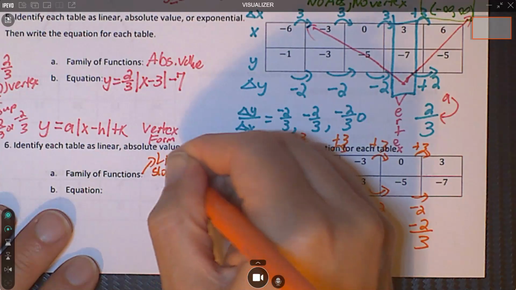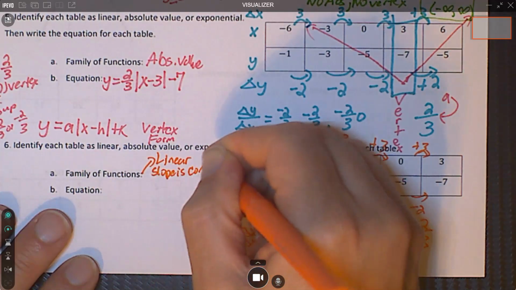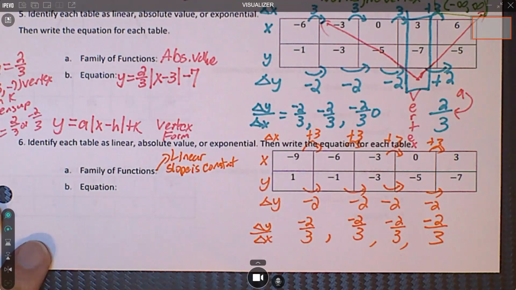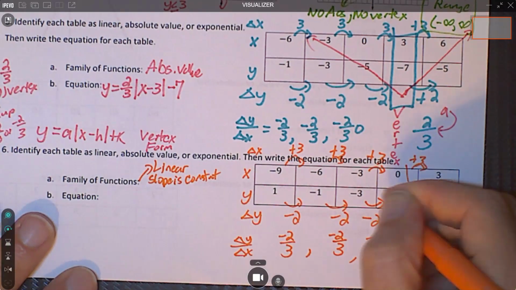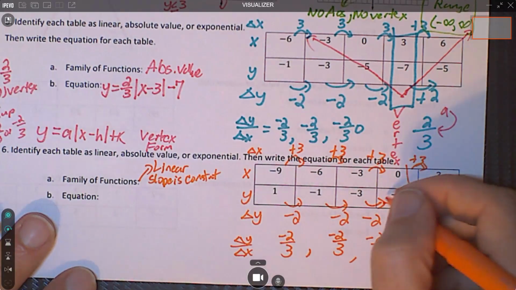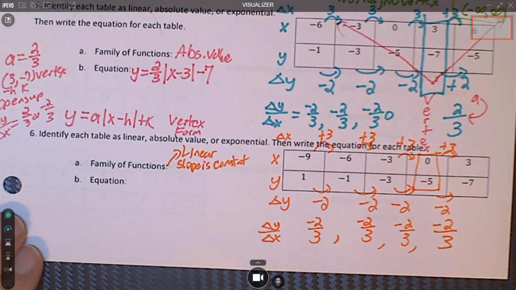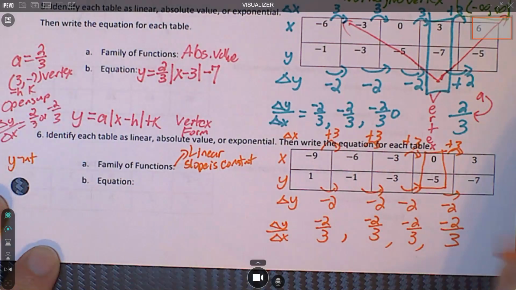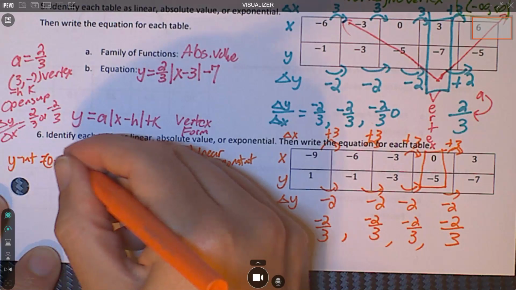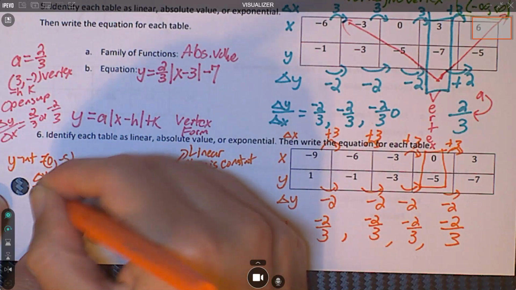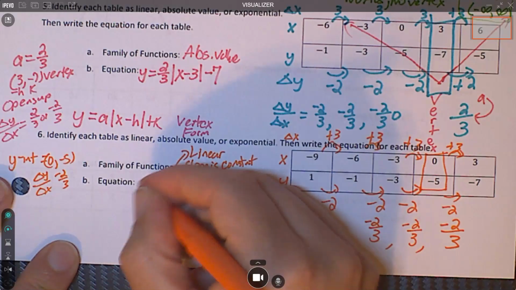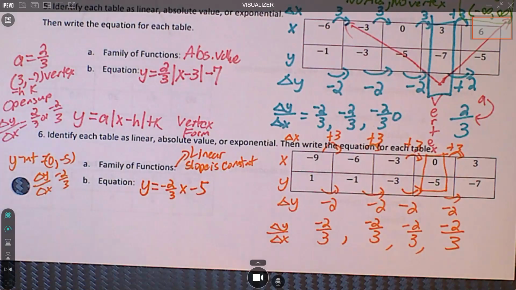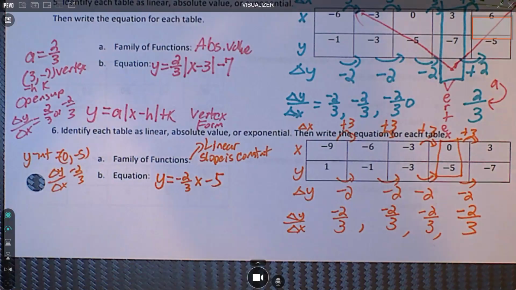Slope is constant. Slope is constant. Okay, so we've got the y-intercept here. The y-intercept would be 0, -5. Change in y over change in x is -2/3.